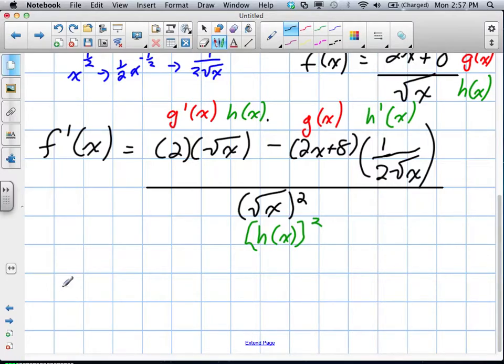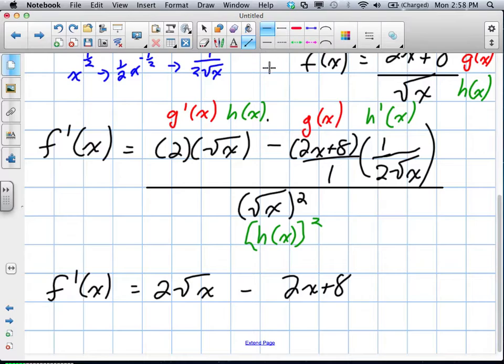So we're going to try to simplify this a little. Our f prime x is going to leave us with 2 root x, subtract, and because this is like multiplying a fraction across, we get 2x plus 8 divided by 2 root x on the bottom.